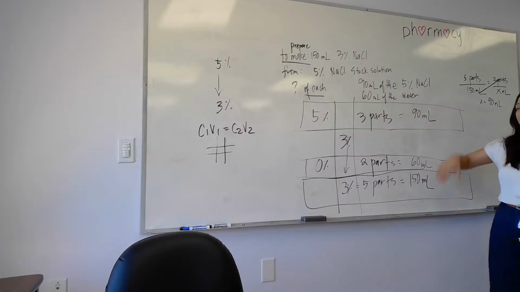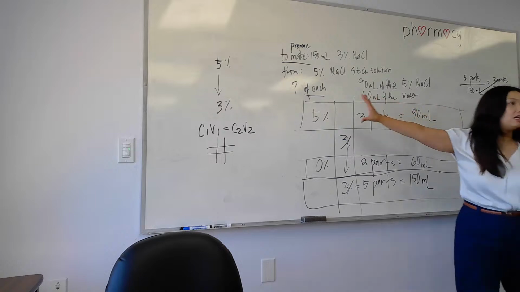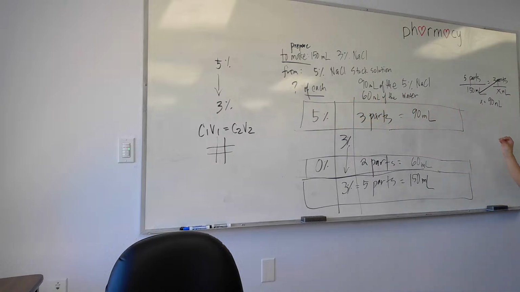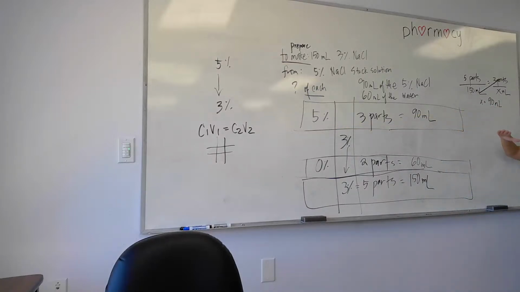It can't be 90 ml of water and 60 ml of 5% NaCl. You're wrong. It's a different concentration if you do that. And this is why the box helps all the time. Are you following? Because it tells you it's the 5% that's 90 ml and 60 ml for the water.